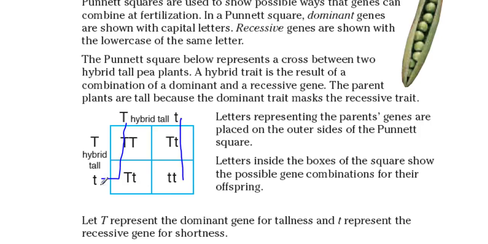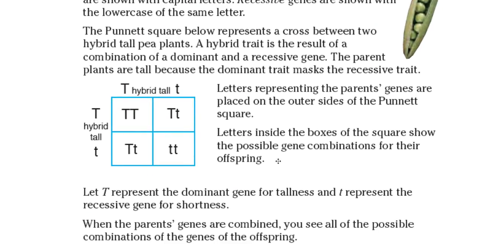And when you have lowercase t and lowercase t, you will have two lowercase t's. So in this particular case, you have one short pea plant and three tall pea plants, where two of the three tall pea plants are hybrid pea plants, and one is true breeding. True breeding simply means that they both have dominant alleles. Going back to our example, going back to math now.